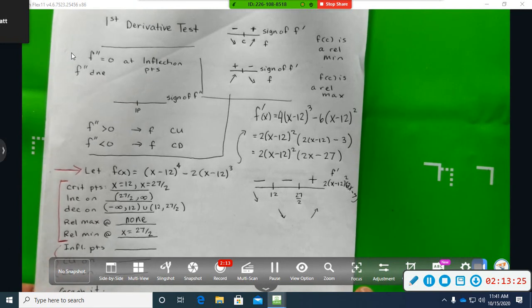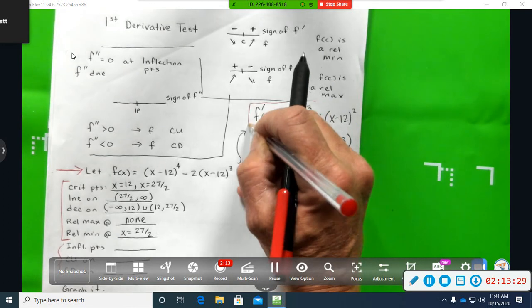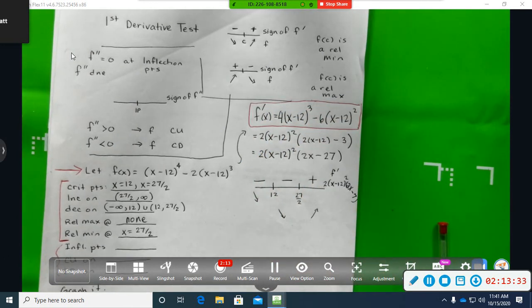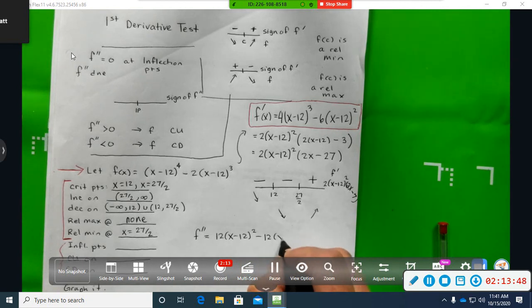Now, I'm going to do the second derivative from here. That looks like a real quick place to take a second derivative from, and we need quick. The second derivative is 12 times (x minus 12) squared minus 12 times (x minus 12) to the first.